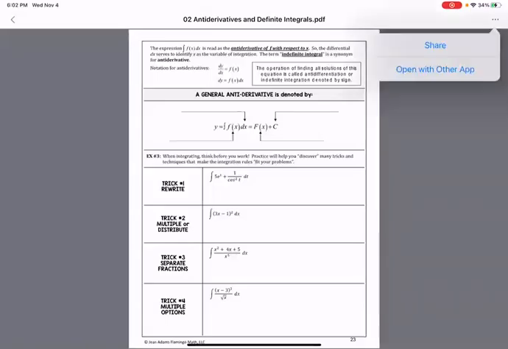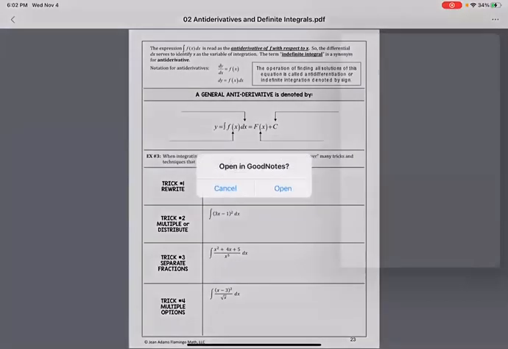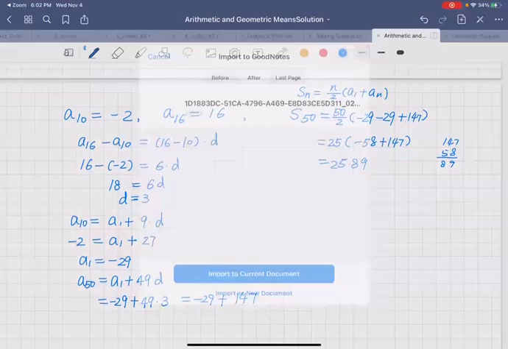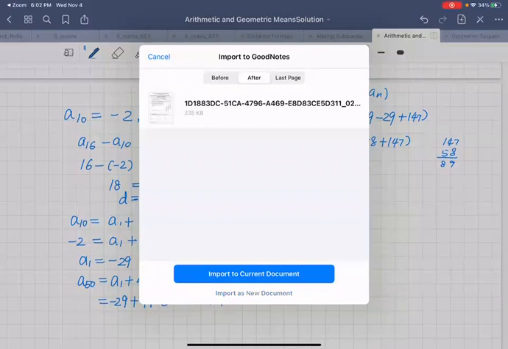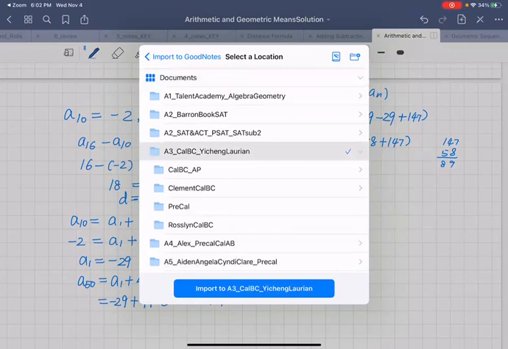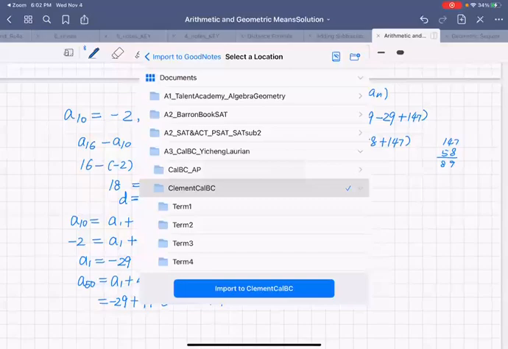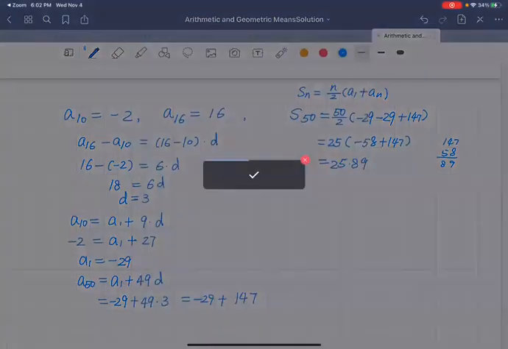This is about antiderivative. Okay, we did similar questions previously.